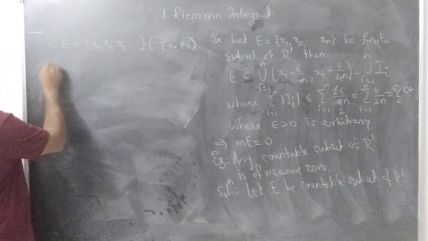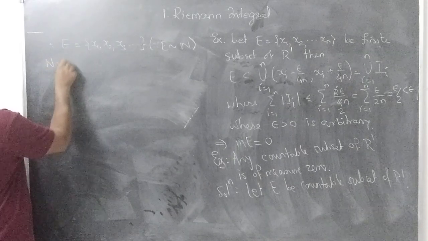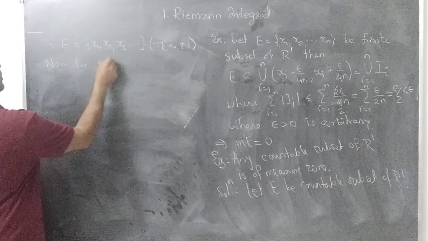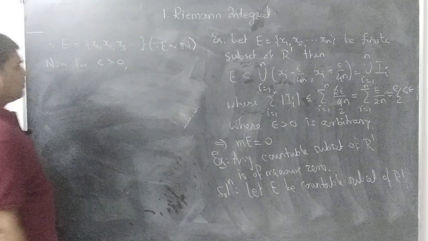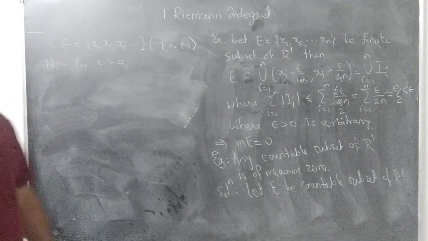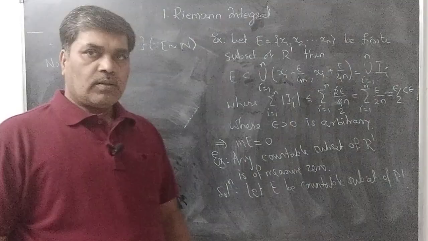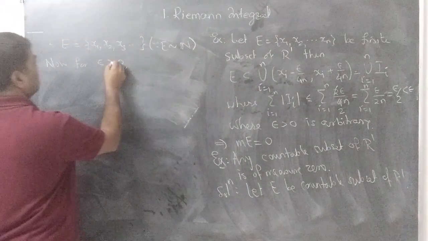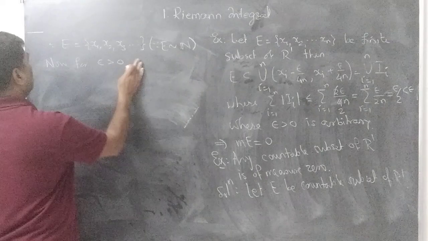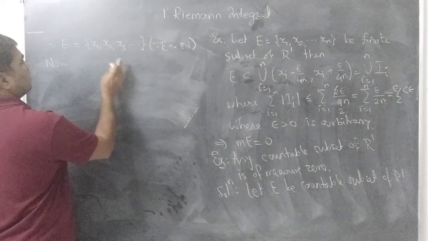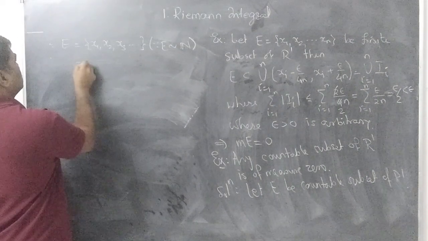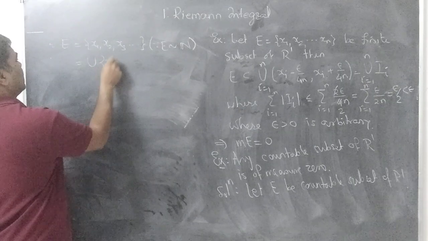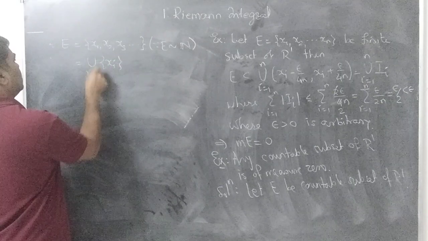Now, for epsilon greater than 0, consider the set which is equal to the union of singletons xi, i equal to 1 to n.